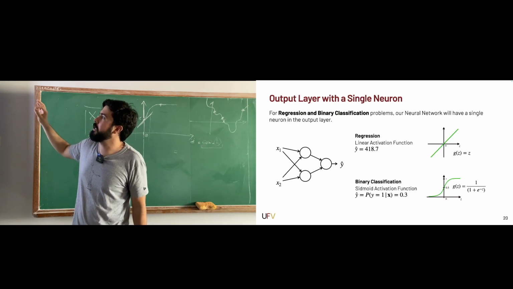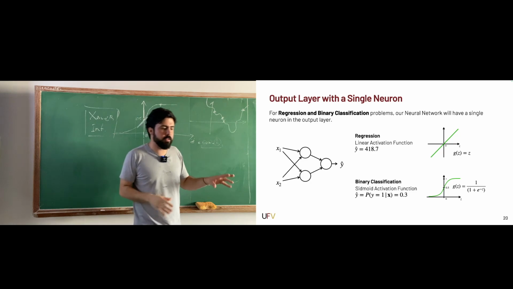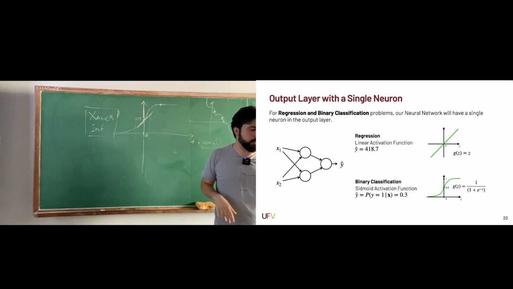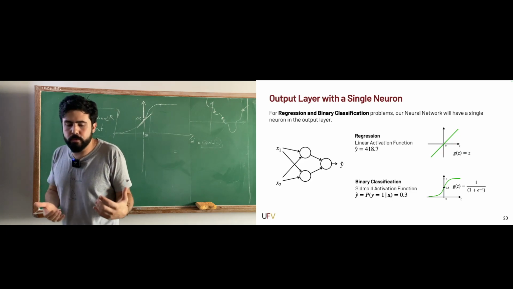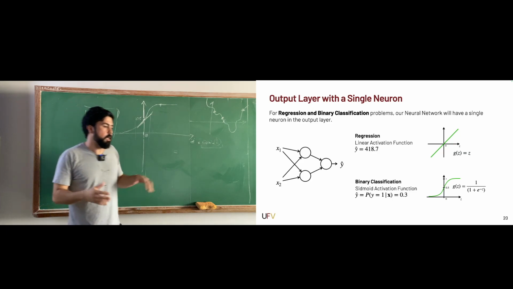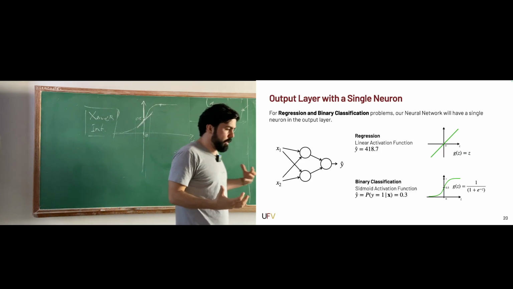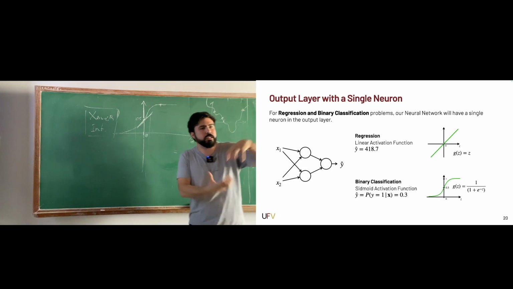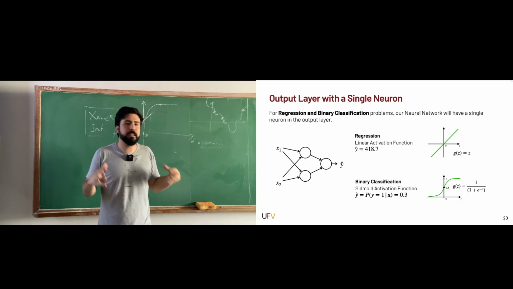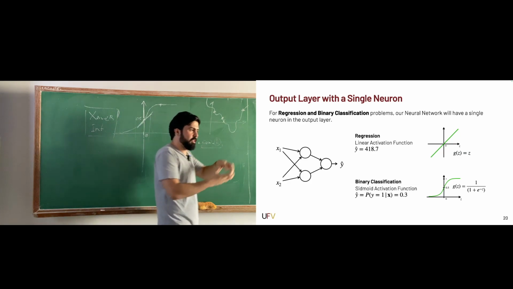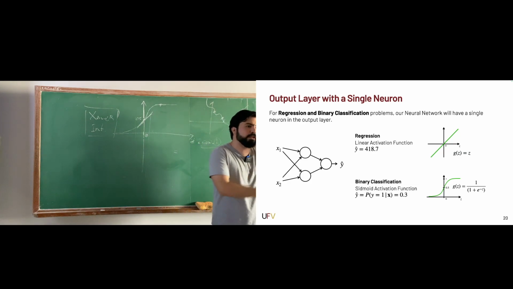One important thing, which starts to answer the questions we got before, is about when and how you use multiple neurons in the output layer. When you're designing neural networks, the size of your input layer and the size of your output layer are defined by the problem. The size of the input layer is the number of features you have.